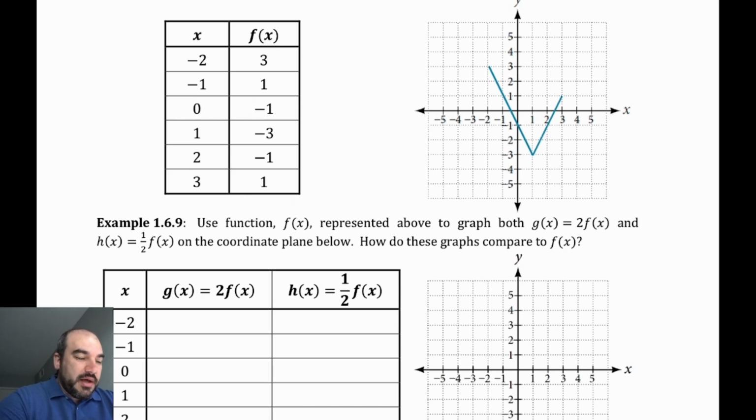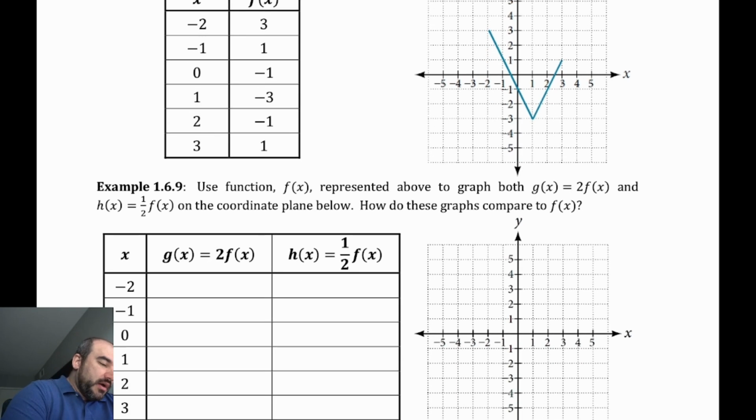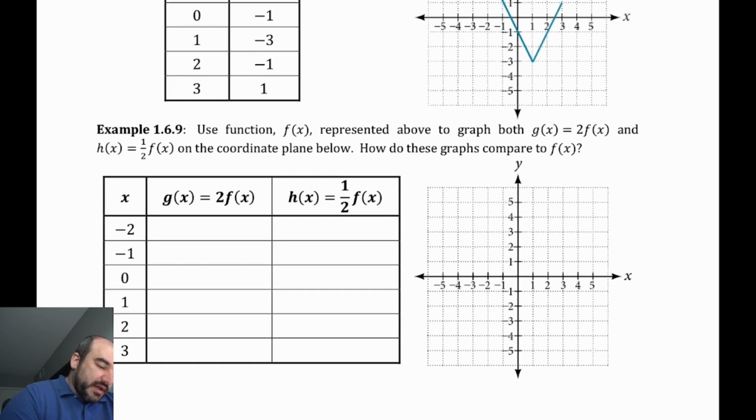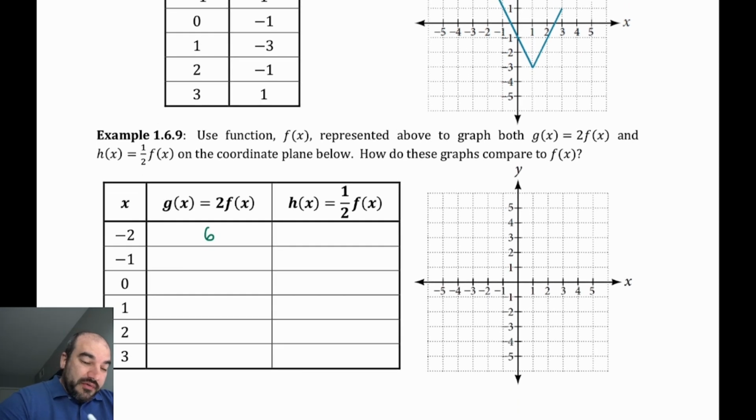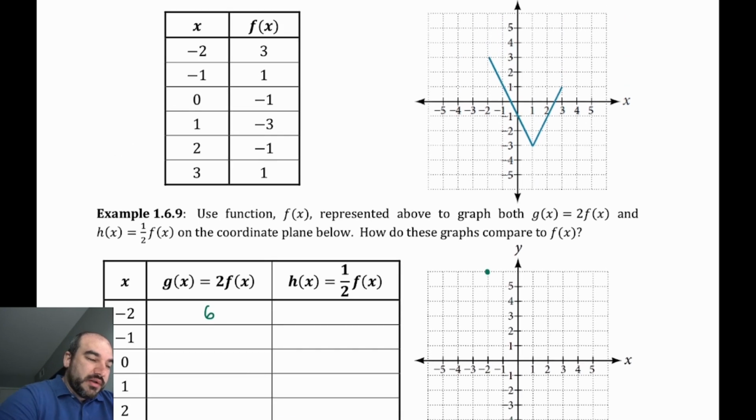So a point like negative 2 comma 3 here, this first point, is going to become negative 2 comma 6, right? Which on the graph would end up being up here. So you see how that point, this original point, just became vertically further away from the 0 line, which is the x-axis.